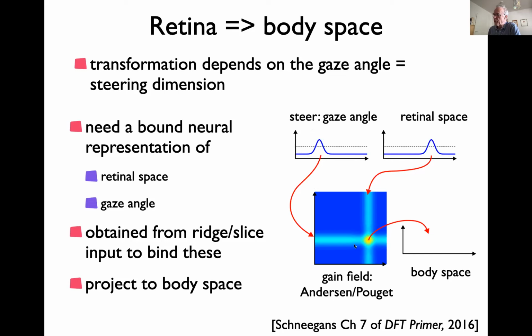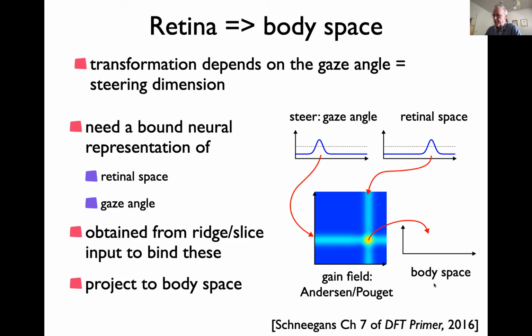So this two-dimensional field would be a bound representation where every location here combines both the retinal value and the gaze value. And if you know that, then you could uniquely determine how to project onto another field that represents things in the body frame. I'll make a sort of visual illustrative derivation of what that wiring needs to be.